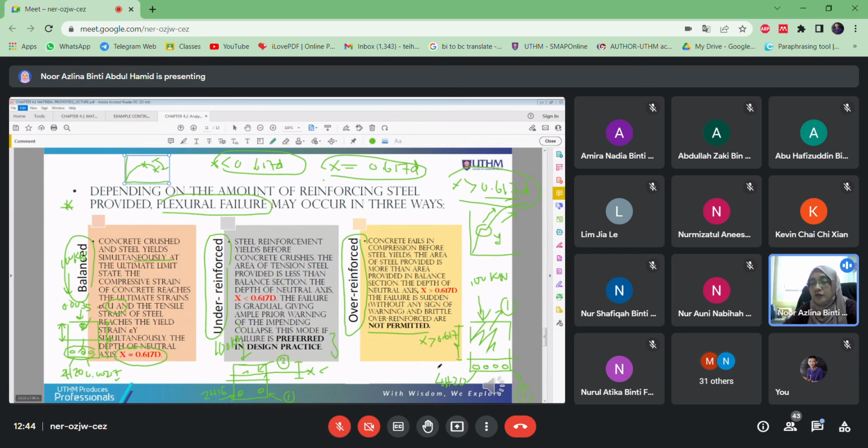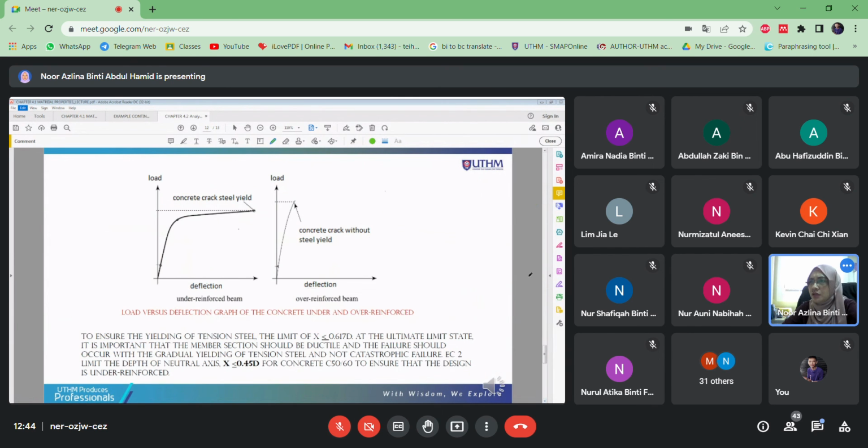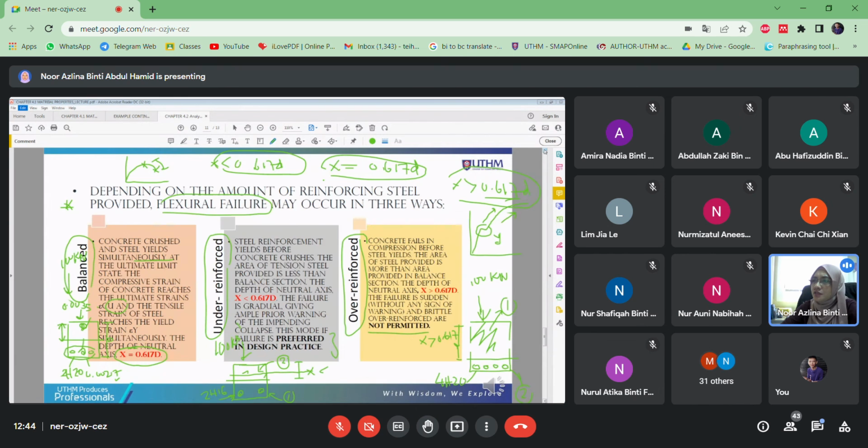Kalau over reinforced, once the concrete fails, that structure has failed, although the steel still has not achieved its limitations. Alright, faham ke tak? Bersungguh-sungguh ni. Can you understand me?